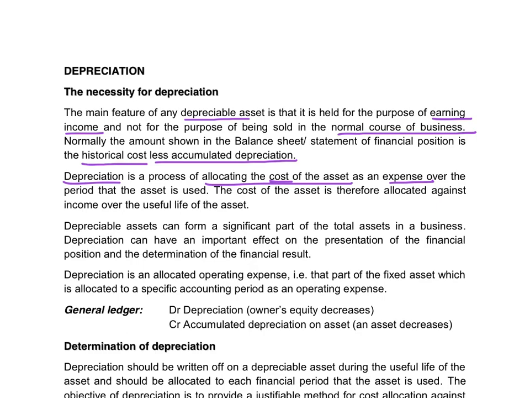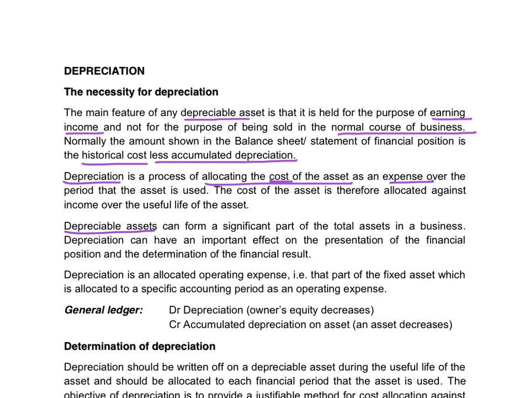And if it's the cost price method, it means that we will write off 40,000 Rand every year over a period of 5 years. That means that the cost will be allocated against the income over the useful life of the asset. Because we use this asset to earn an income, we also want to show the expense to use the asset, and that's depreciation over this useful life.